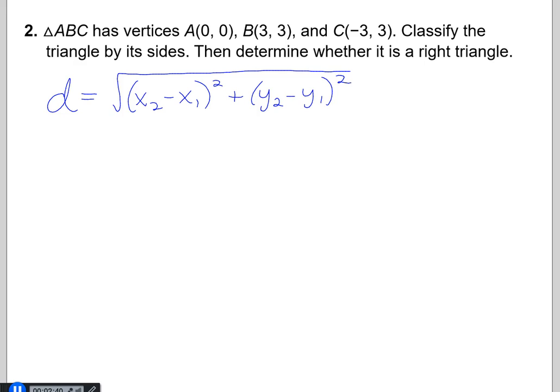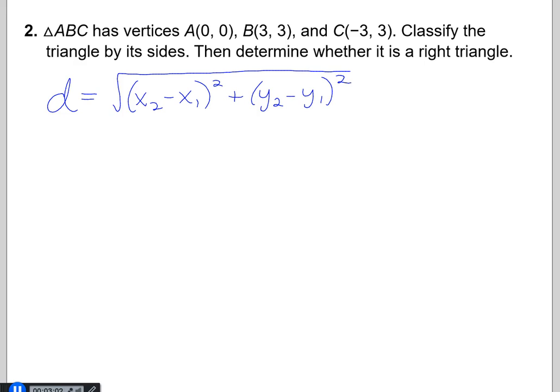You can see the squareds and the plus in there. We could use calculators. You can, but I think it's actually a lot easier if you don't. As long as the numbers don't get too ugly, I think it's a little bit easier to do it by hand, but I'm not going to say don't use them.